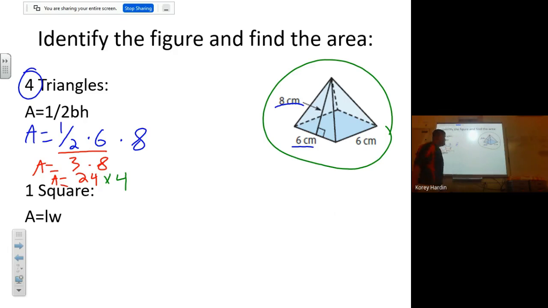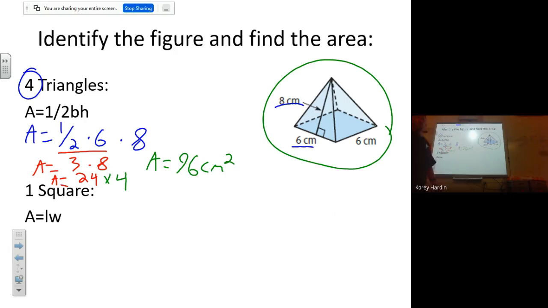So 24 times 4. 24 times 4 is 96. Let me make 100% certain on that one. Yeah, it's 96. It is 10:23 at this point, so I don't want to steer you wrong tonight. So the area for the triangles is going to be 96 centimeters squared.